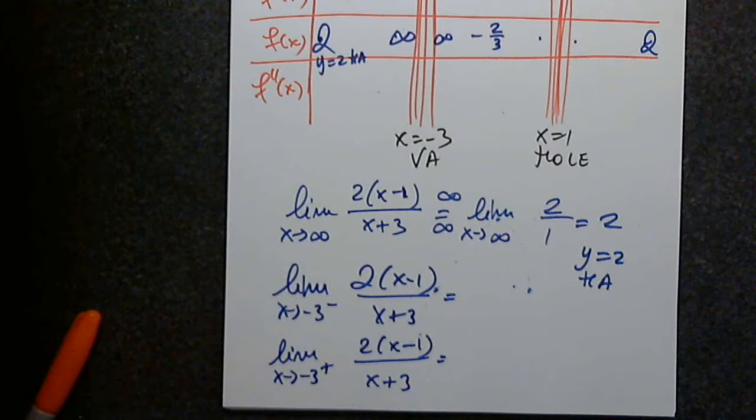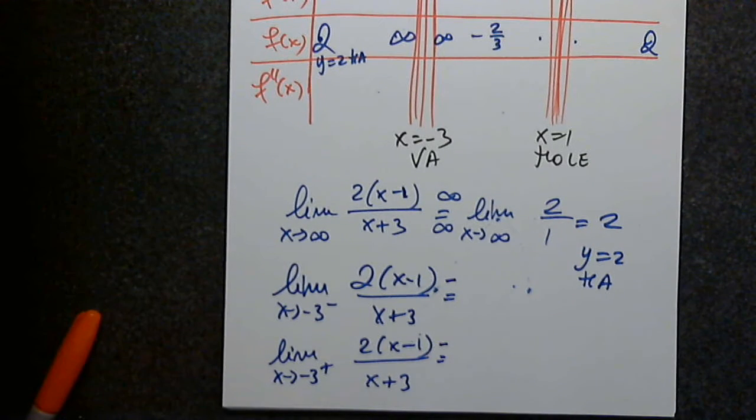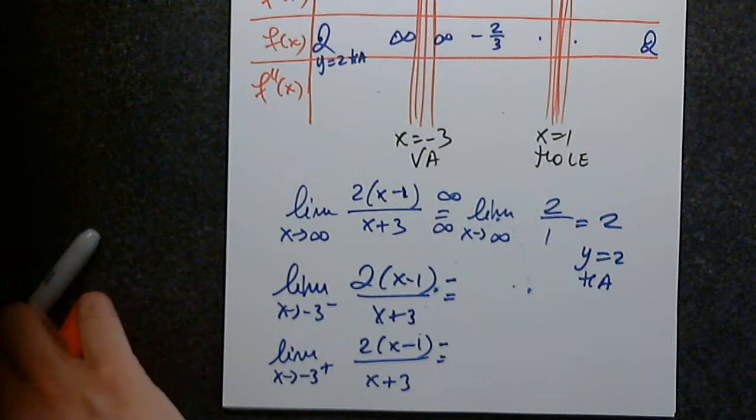What do we have now? So when I plug in -3, the numerator is negative in both cases, but -3 from the left is -3.1. So plug in -3.1 in the denominator and give me the sign.